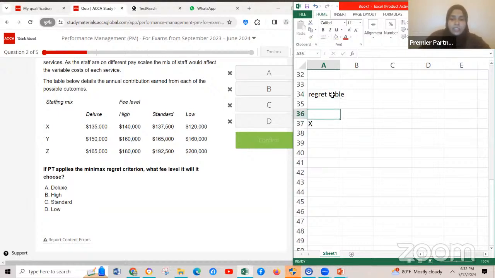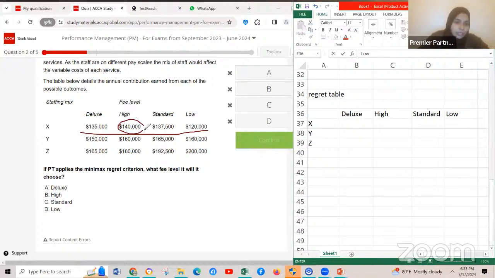If there was X staffing level, Y staffing, and Z, you have deluxe, high, standard, and low. So now if it was X, what is the best situation to be in? This. That's the highest.